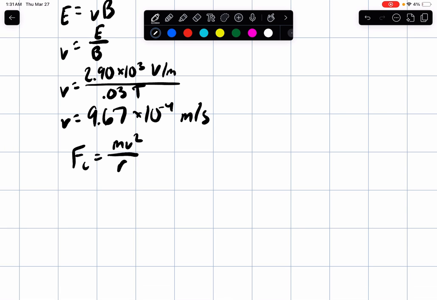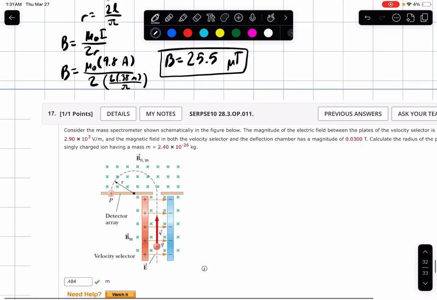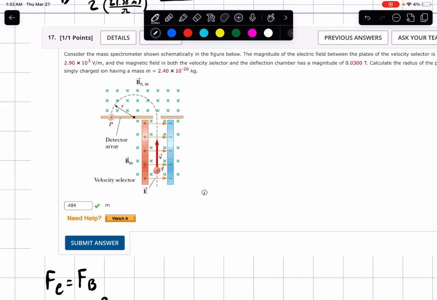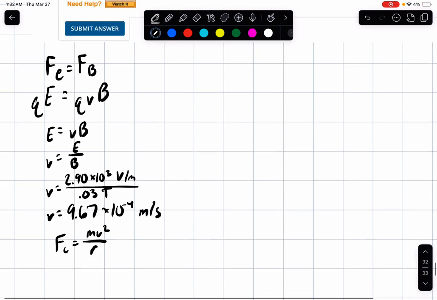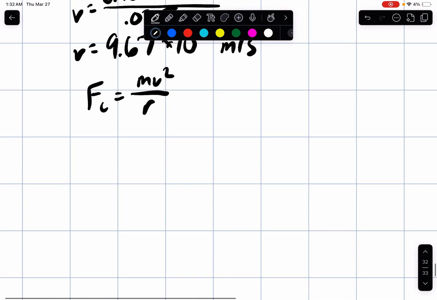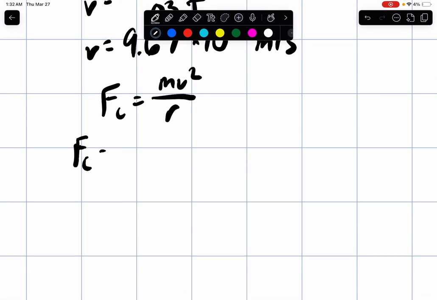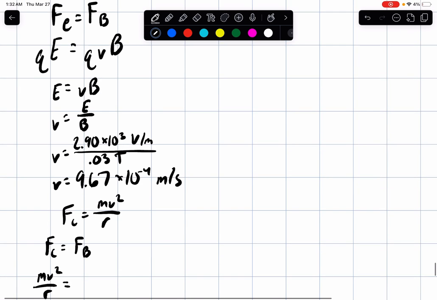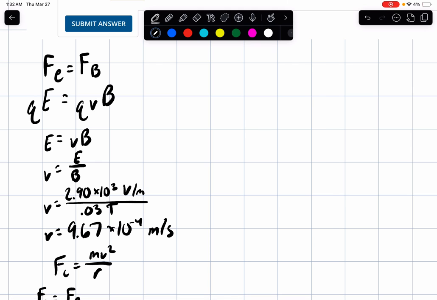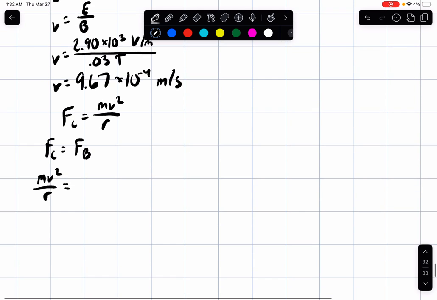Now, your centripetal force is going to be equal to the magnetic force, since it's going through the field. So we just plug in mv squared over r is equal to, and we already said magnetic force was QVB.